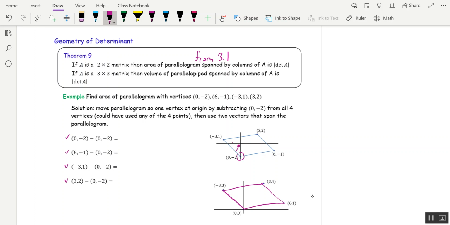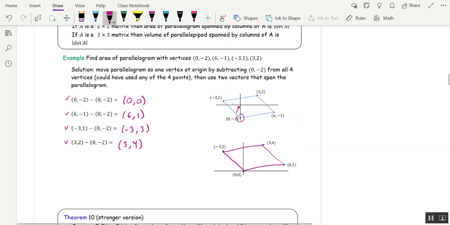So let's see what we get. First one goes to 0, 0. That was my goal. Okay, the second one goes to 6, positive 1. The third one goes to negative 3, and then 3. And the last one goes to 3, and then 4.